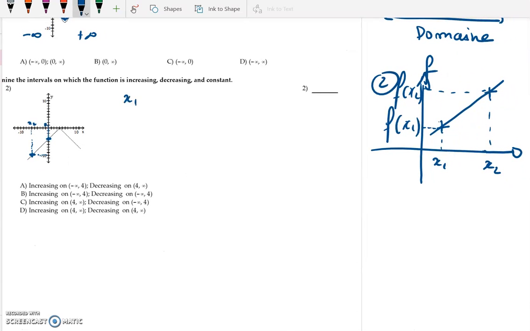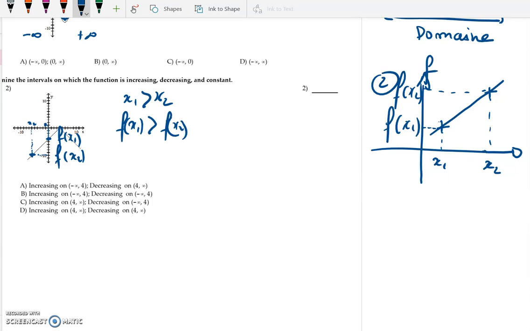So x1 is greater than x2, and when I look at f of x1 and f of x2, we can say that f of x1 is greater than f of x2.